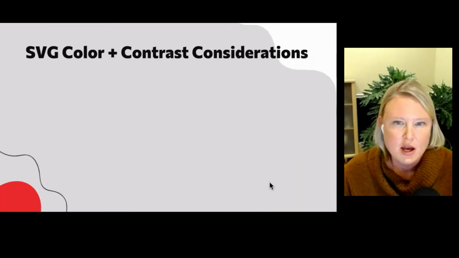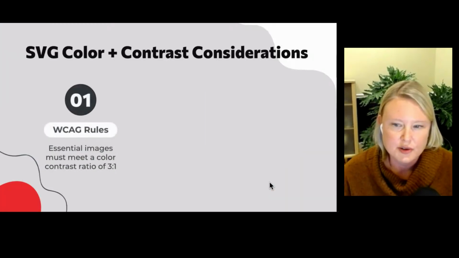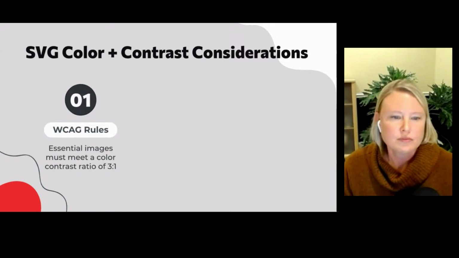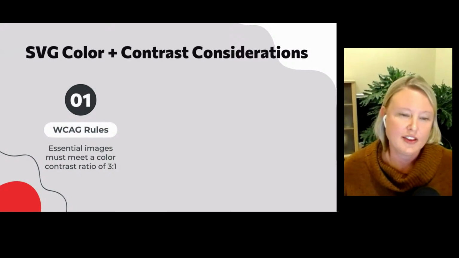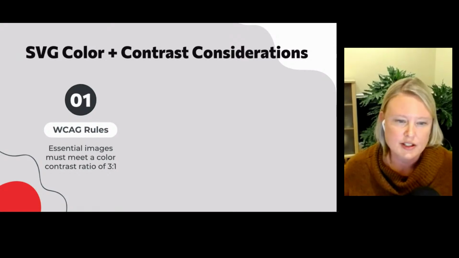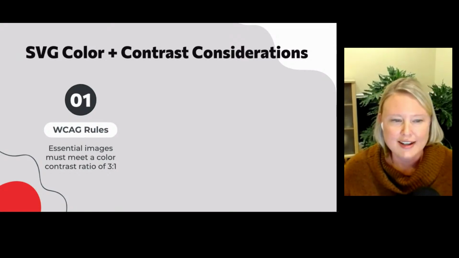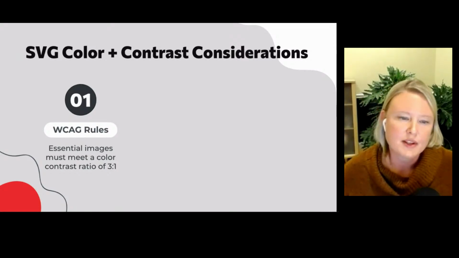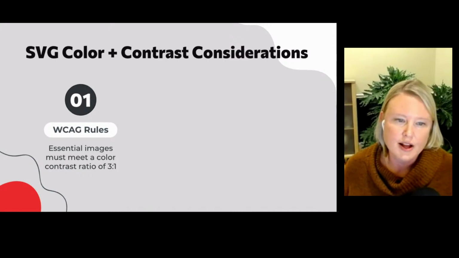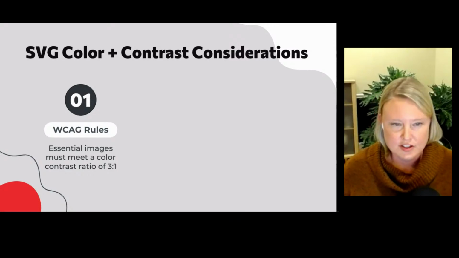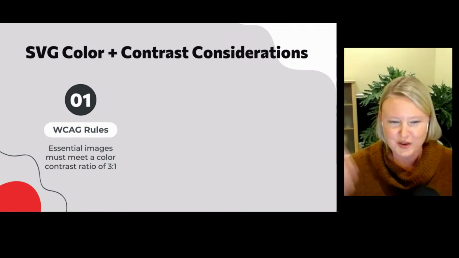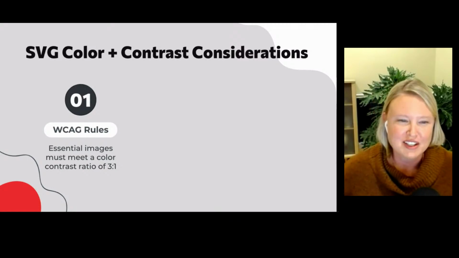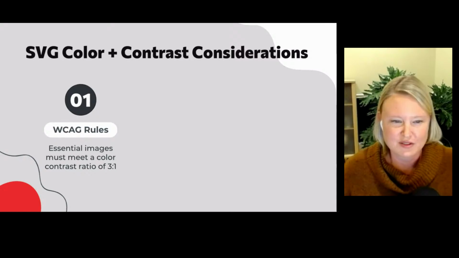But now we're going to talk about color considerations. So like all things color, we want to make sure that, and this is newer in the 2.1 WCAG guidelines, essential images also must meet that color contrast ratio of 3:1. Essential means, if I totally got rid of the image, what changes?